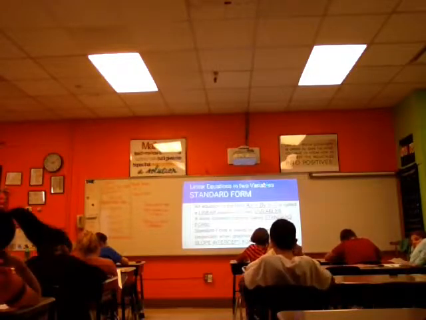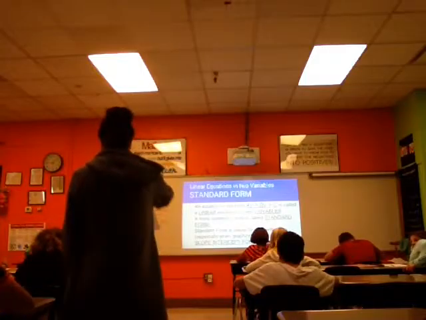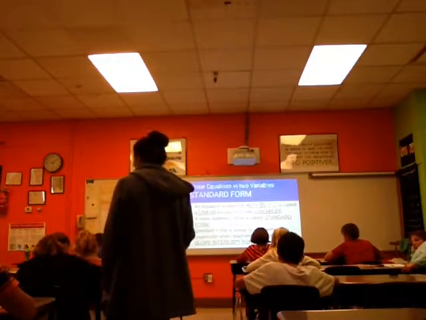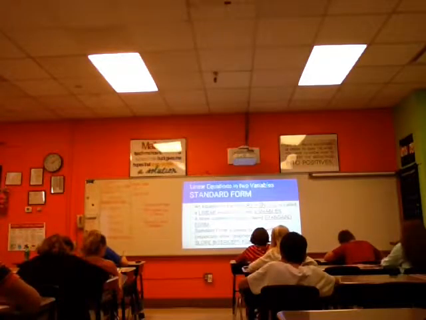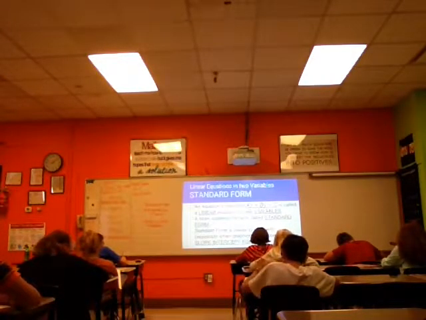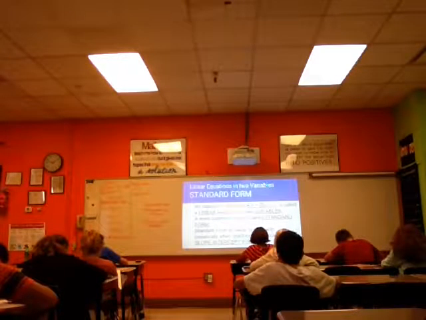So this first slide is going to look really similar to your last guided notes. An equation in the form ax plus by equals c is called a linear equation in two variables, or what? Standard form.